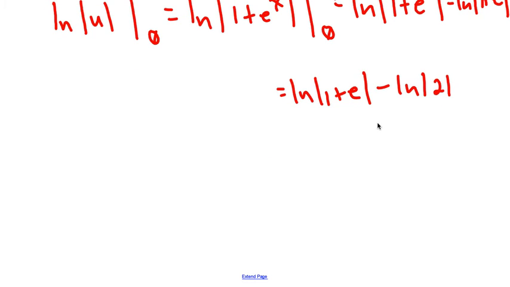We don't need the absolute value there. But this will simplify. Because we have a minus sign there, we can rewrite this as ln of the absolute value of 1 plus e, divided by 2.